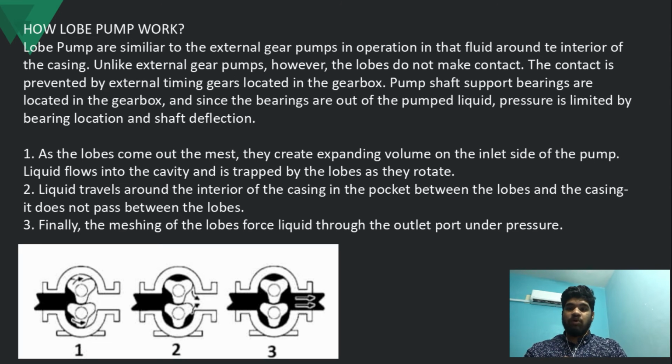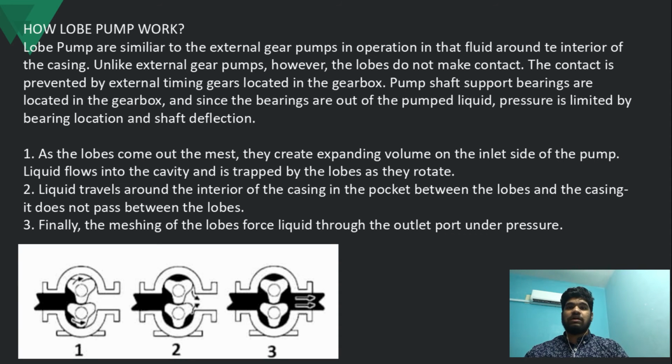How does a lobe pump work? Lobe pumps are similar to the external gear pump in operation in that fluid flows around the interior of the casing. Unlike external gear pumps, however, the lobes do not make contact.